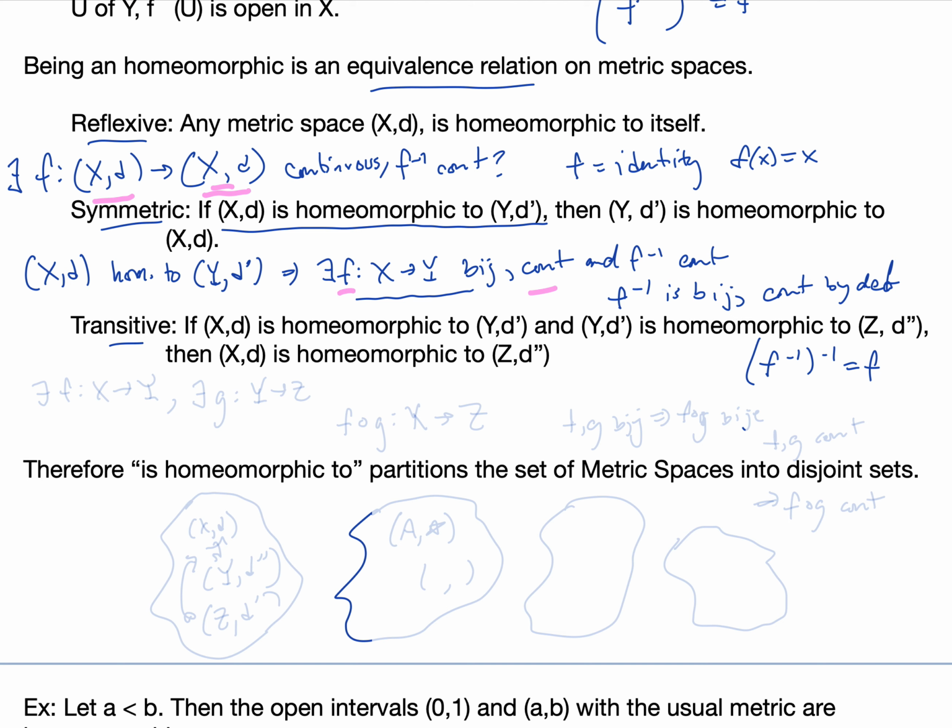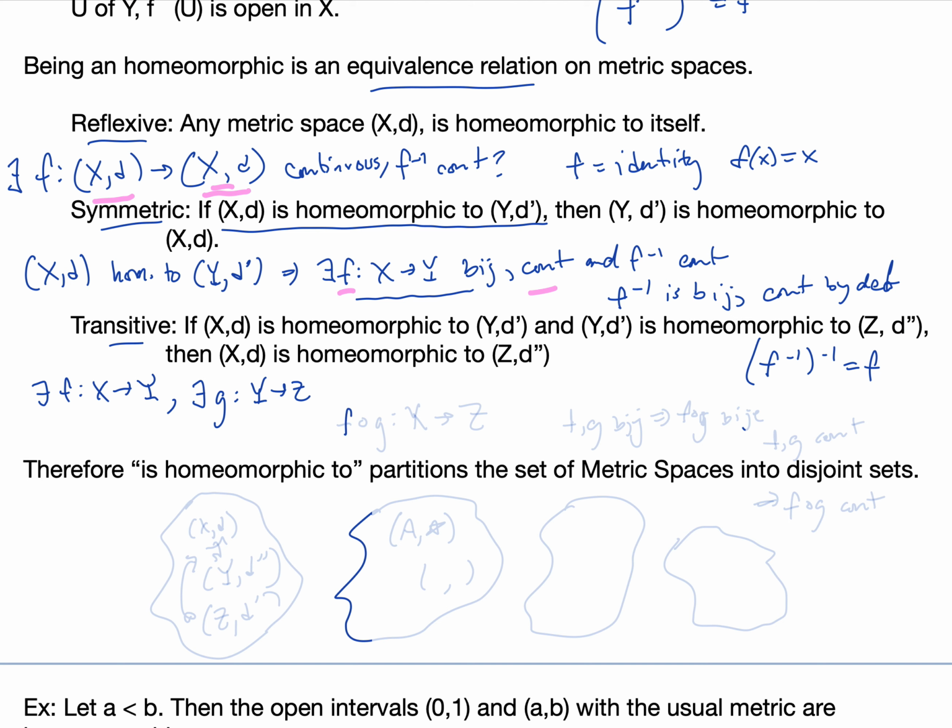And lastly, transitive. We want to show that if (X, d) is homeomorphic to (Y, d') and (Y, d') is homeomorphic to (Z, d''), then (X, d) is homeomorphic to (Z, d''). So this we can just immediately show by composition of functions. Because (X, d) is homeomorphic to (Y, d'), there exists f, a homeomorphism mapping X to Y, and because (Y, d') is homeomorphic to (Z, d''), there exists a g mapping Y to Z that is a homeomorphism.